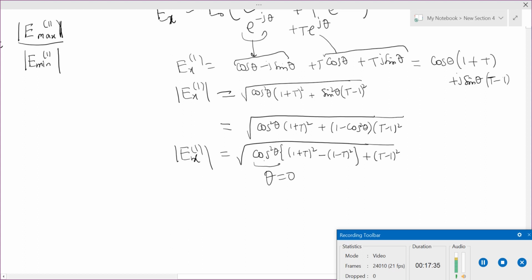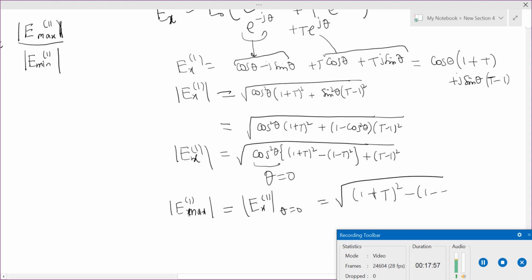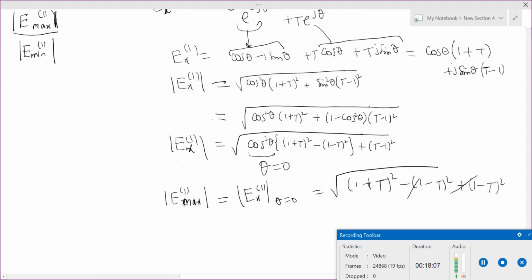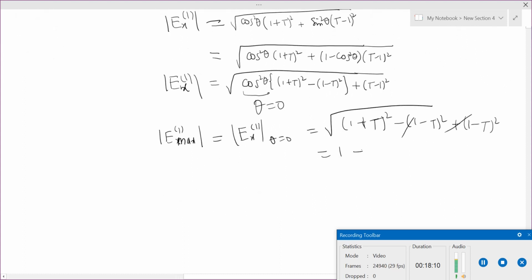So in that case we will get Ex max is equal to mod of Ex1 at theta equal to 0, which is under root of (1 plus gamma) square minus (1 minus gamma) square plus, sorry, it's gamma, I was saying t again, gamma minus (1 minus gamma) square. So this gets cancelled, and since gamma is always between 0 and 1, it becomes 1 plus gamma.